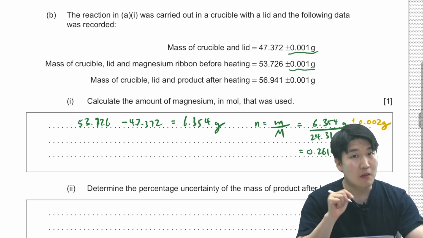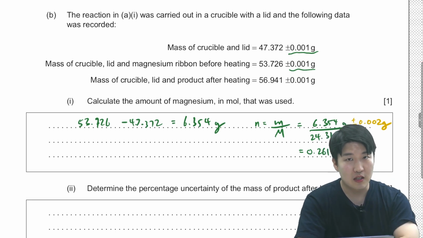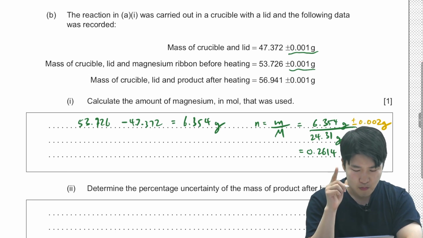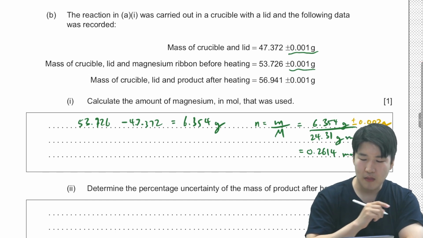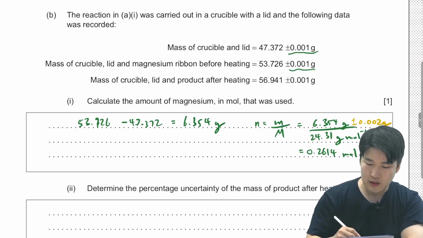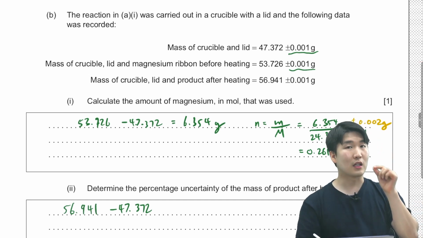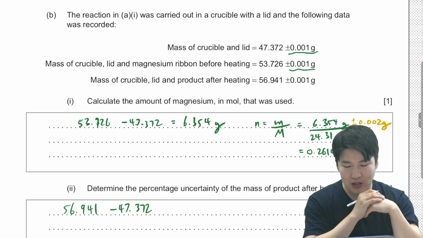And that's going to be important for our next question, where we work out the percentage uncertainty of, this time, mass of magnesium oxide, our product. How do we work out the mass of magnesium oxide product? Well, we are going to take away the mass of crucible and lid. Again, 47.372 away from the 56.941 value that corresponds to mass of crucible, lid, and magnesium oxide, our product.